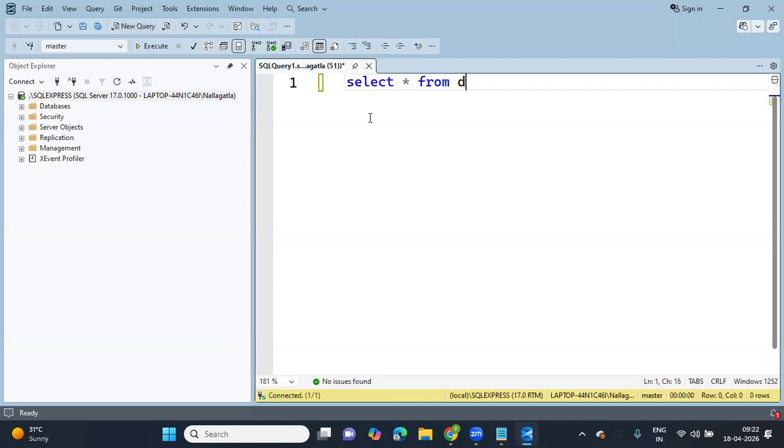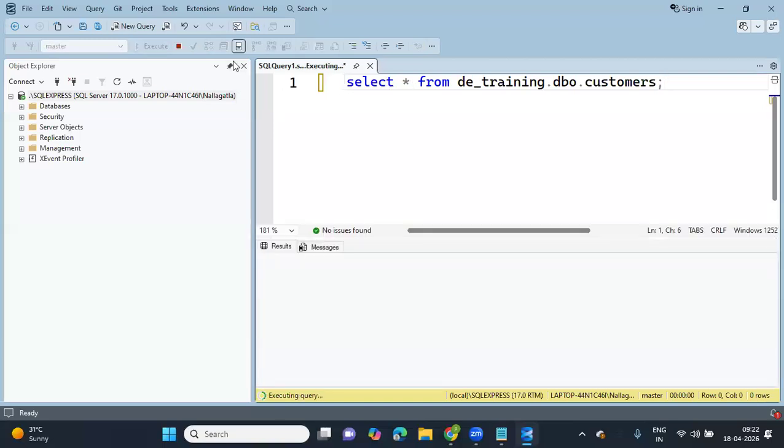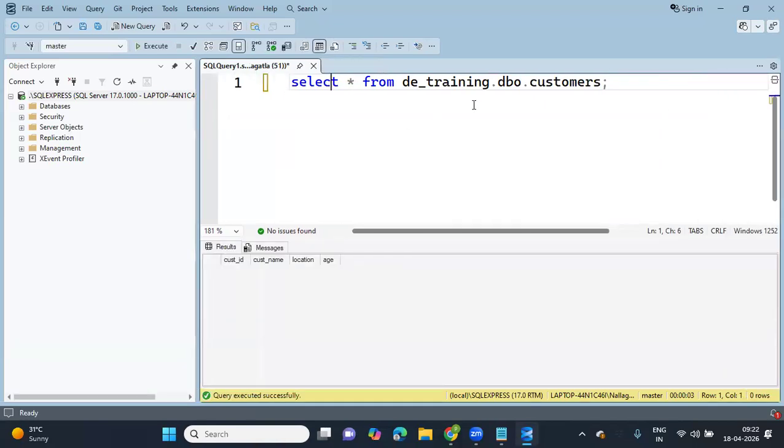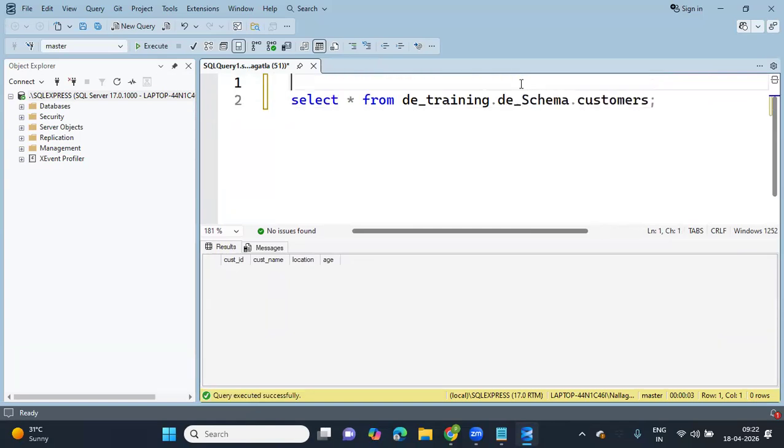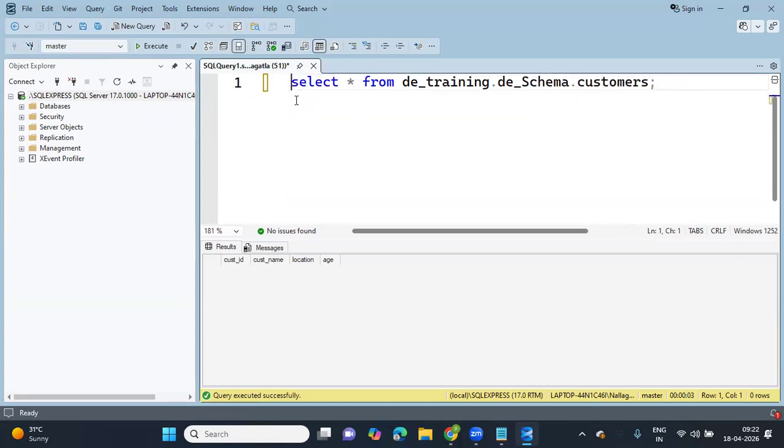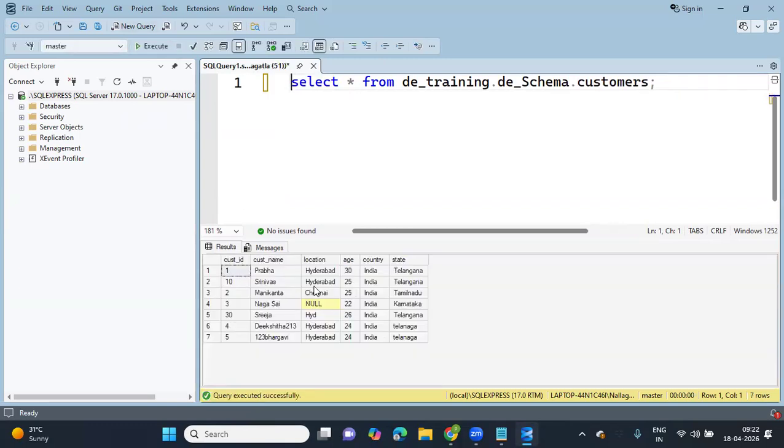So let's start from, let's say, the DE training, DBO schema, and the customers table. Let's see the data available here. Okay, nothing. Let's look at the DE schema. Okay, so we have some data here.